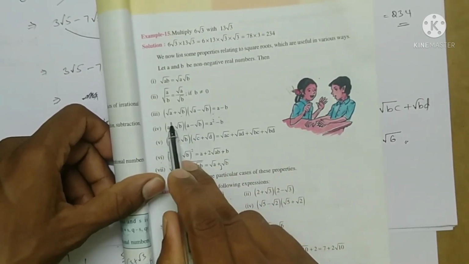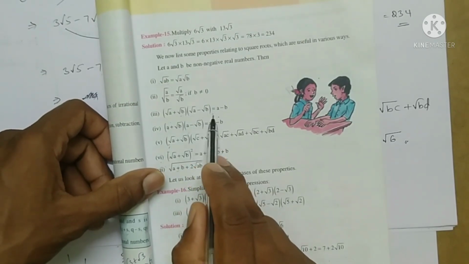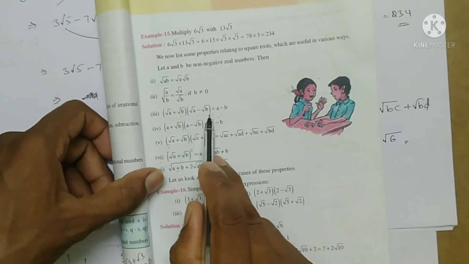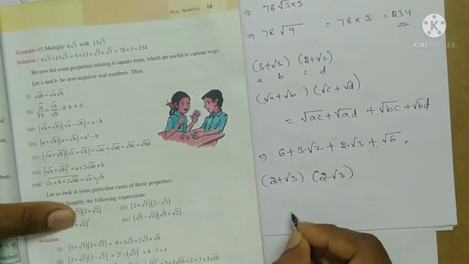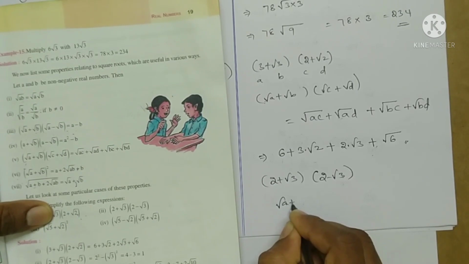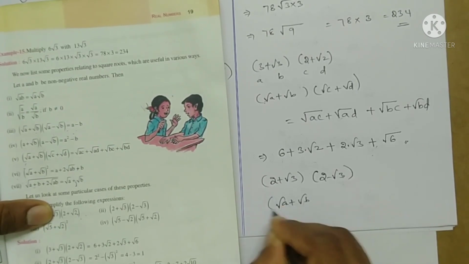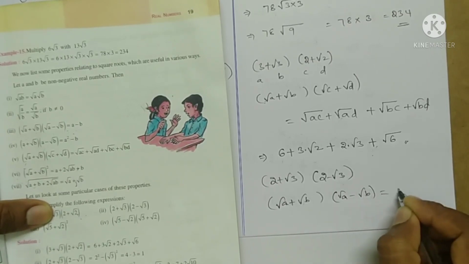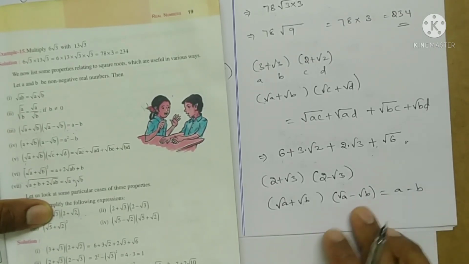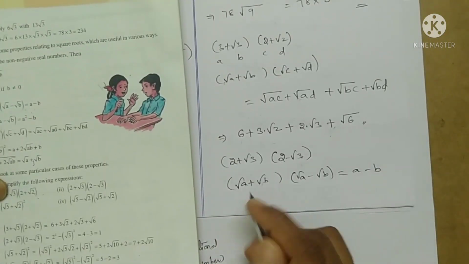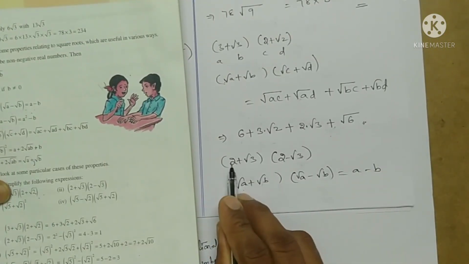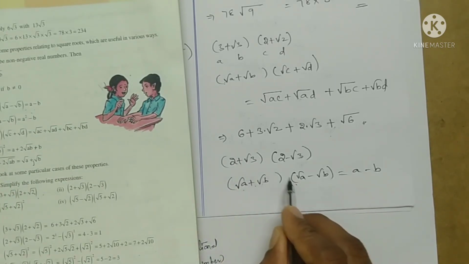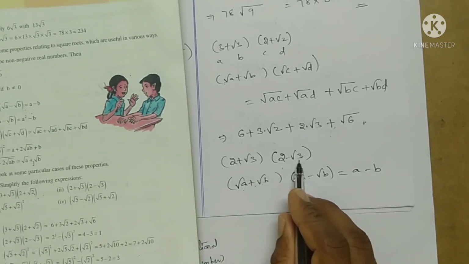So root A plus root B into root A minus root B gives the result A minus B. Here root A is equal to 2, and root B is equal to root 3.